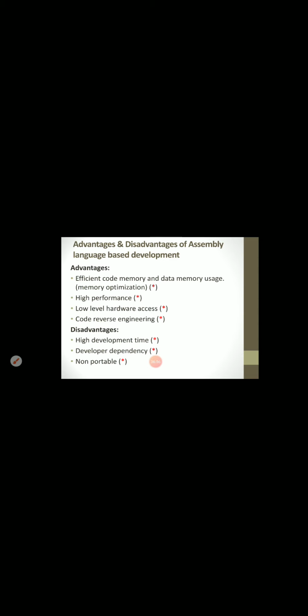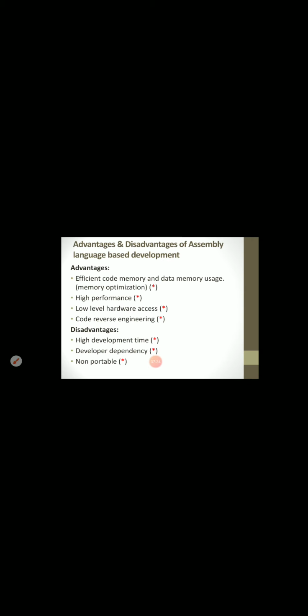And low level hardware access. This is important. With low level programming, we are going to access the external device specific registers, the operating system kernel, some device drivers, and some low level interrupt routines.